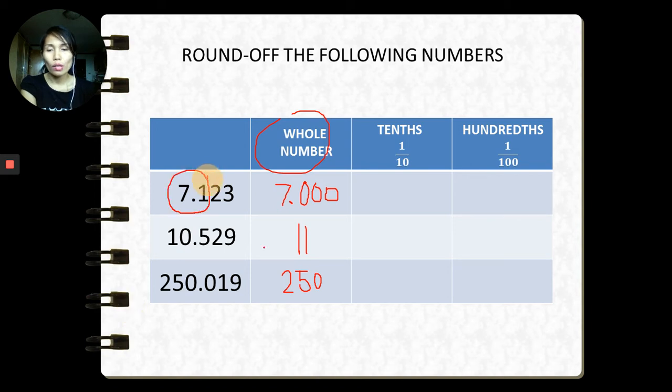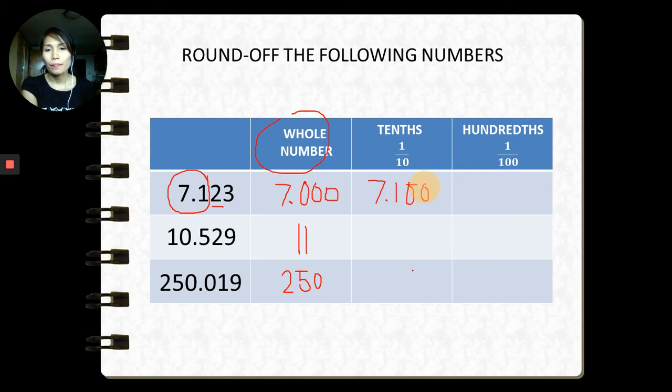So are we going to round up or down? Based on the next digit 2, we will round down, because 2 is closer to 1. So we'll not do anything with this. Just copy 7.1, or you can write 0, 0.